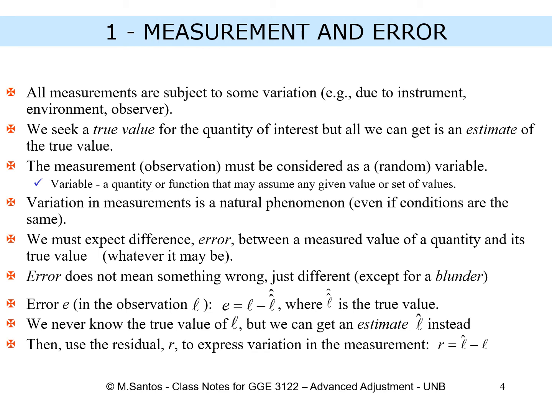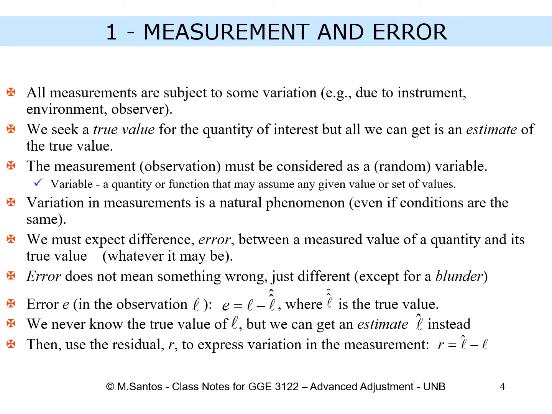We seek a true value of a quantity of interest, but all we can get is an estimate of the true value. We must expect differences, errors, between a measured value of a quantity and its true value, whatever it may be.